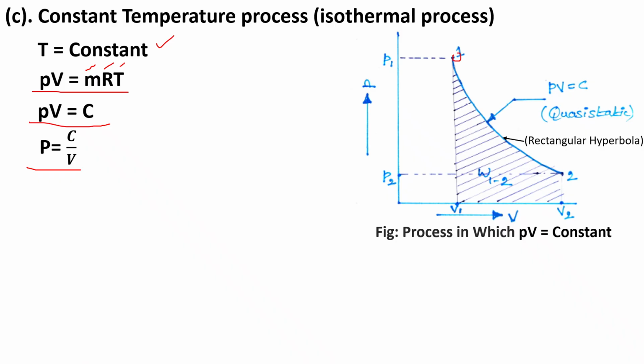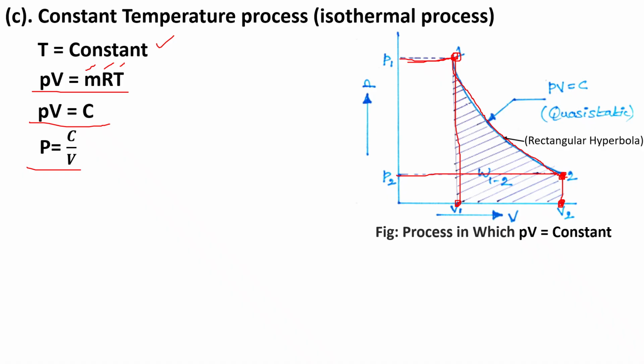Here the system changes from state 1 to state 2, and let's consider P1 is the pressure at state 1 and V1 is the volume at state 1. Similarly P2 is the pressure at state 2 and V2 is the volume at state 2. This PV curve is the PV equal to constant curve, and it is a rectangular hyperbola.